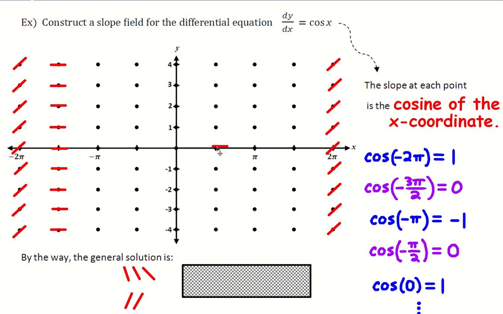What else was 0? The cosine of here, right?